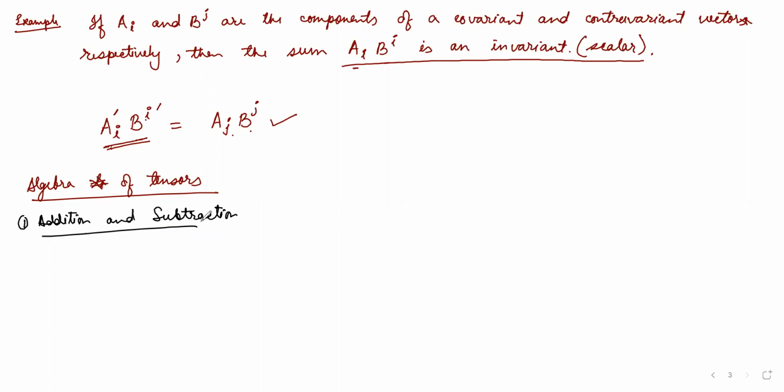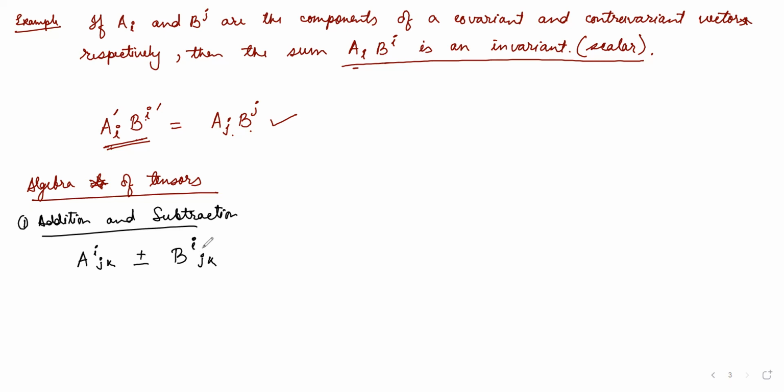For example, if I have a tensor A^i_jk, this is a mixed tensor with one contravariant index and two covariant indices. To this tensor, I can add or subtract another tensor B^i_jk. So tensors A and B are of the same type.